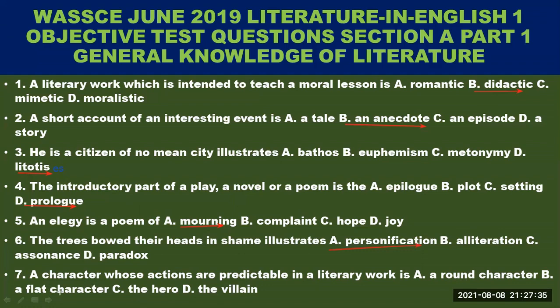Then a flat character is really the answer here, because a flat character doesn't undergo any change. The character just remains the same. That's why it's called a flat character. There's no change. The hero is the protagonist and the villain is the antagonist, or a character who plays the negative role.